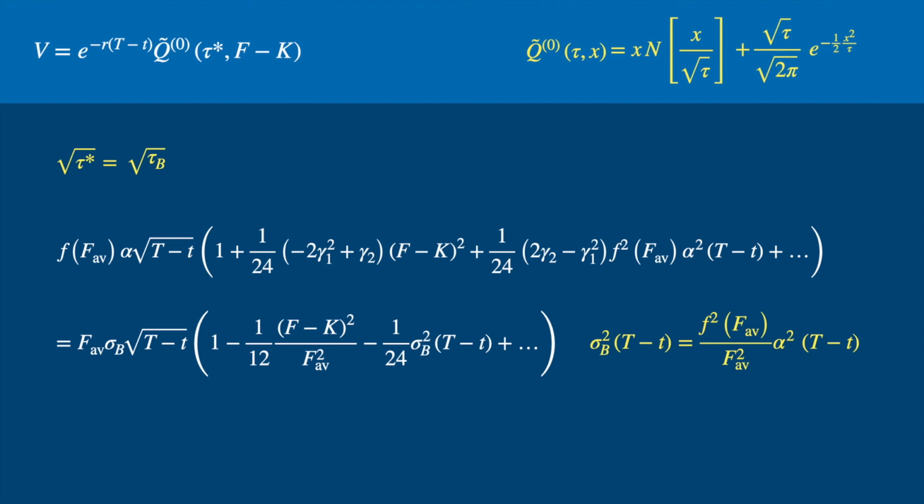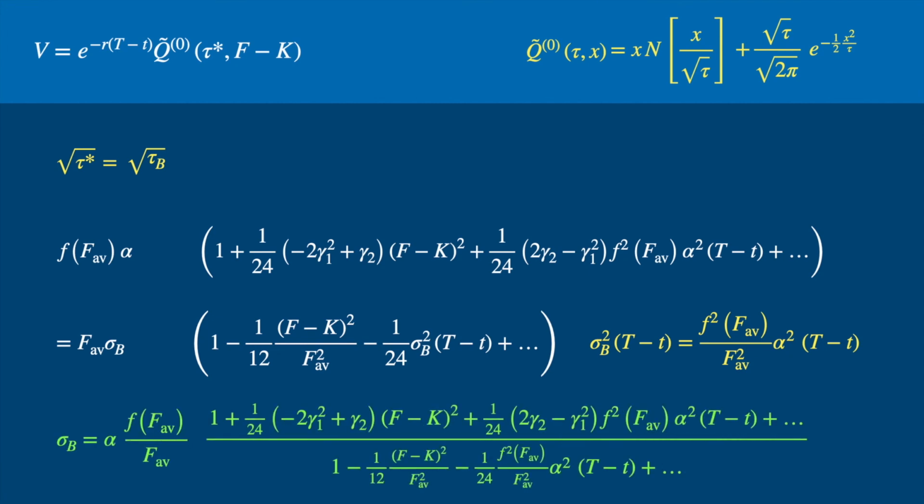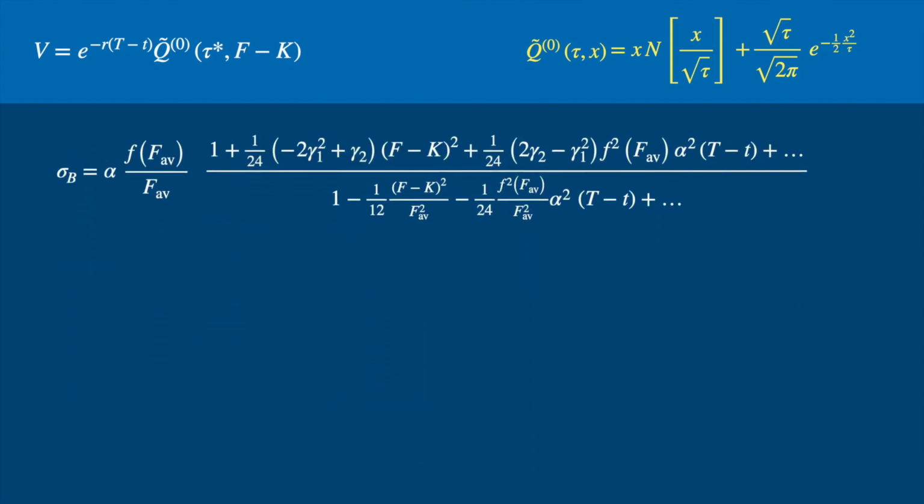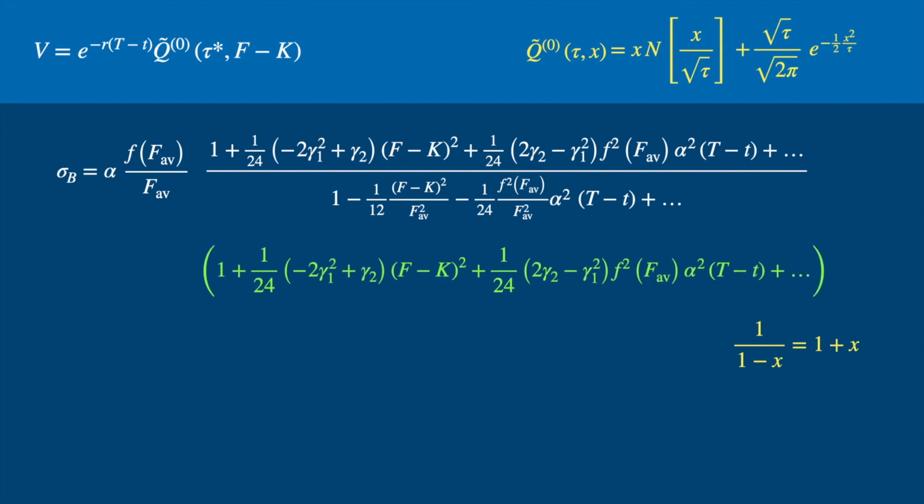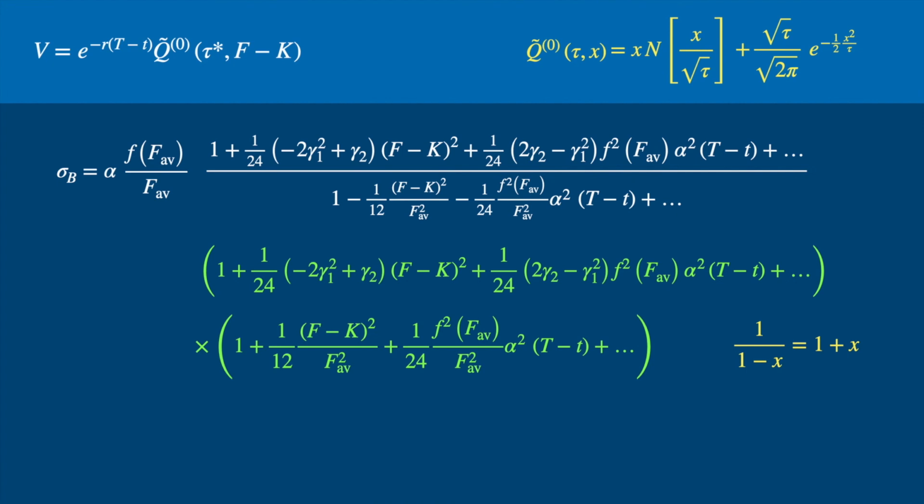We can get rid of the residual maturity on both sides, and we can now easily isolate the Black volatility on one side by shifting everything to the right hand side. Now for small x, we know that 1 divided by 1 minus x is approximately equal to 1 plus x, so this amounts to multiplying the numerator by the denominator, but with the signs of the terms after the 1 reversed.